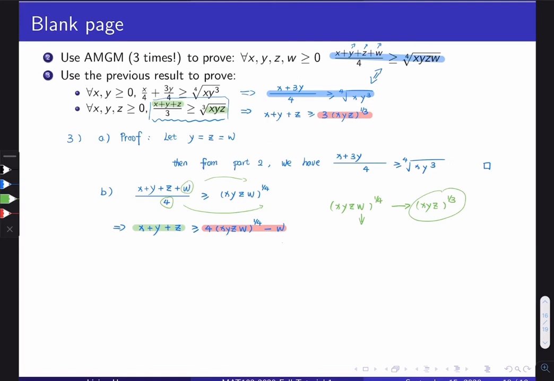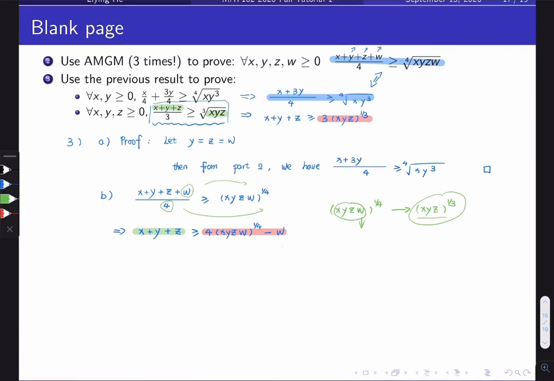Well, we always have xyz, so w is gonna disappear. What do we need this whole thing to be in order for the power to be 1 over 3? You'll see that we need this to be (xyz) to the power of 4 over 3.